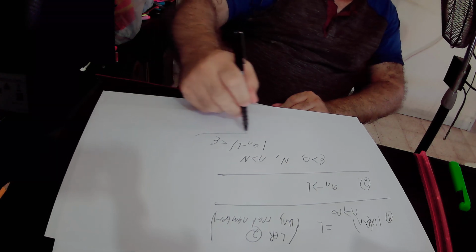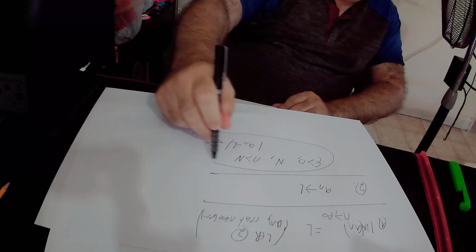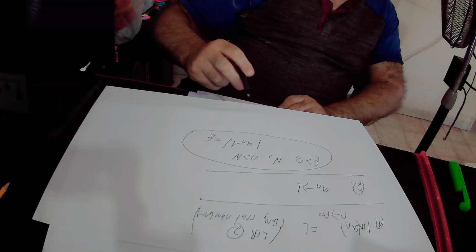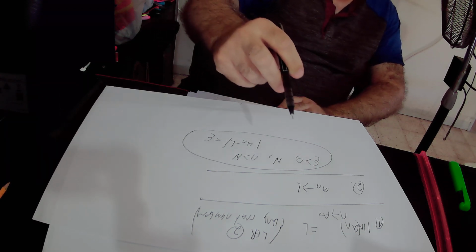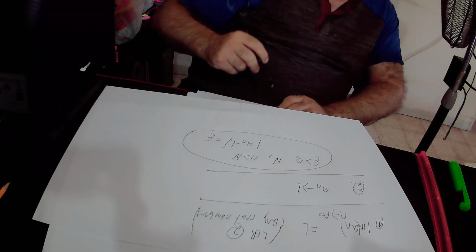So only and only if this condition holds, we can say that the limit of sequence an when n tends to infinity is equal to L.